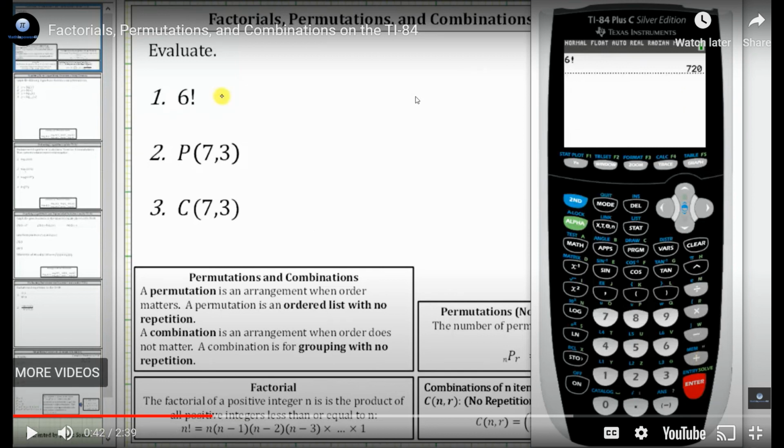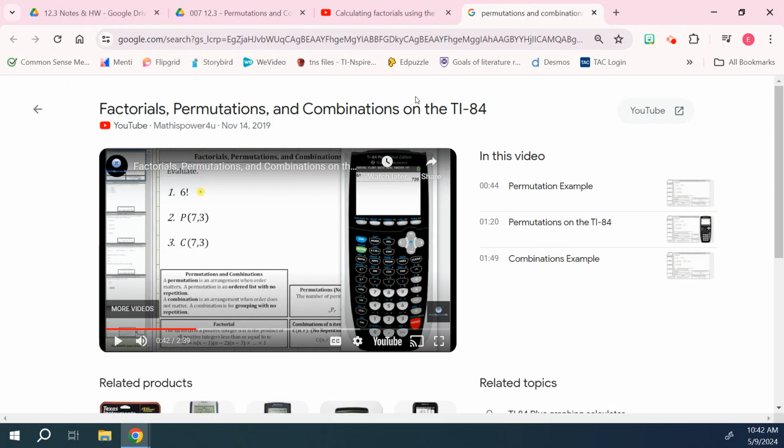Okay, so that's how we find the factorials. And actually, that PRB button on the 30s and in the math probability portion of the graphing calculators, we're going to be seeing that again.